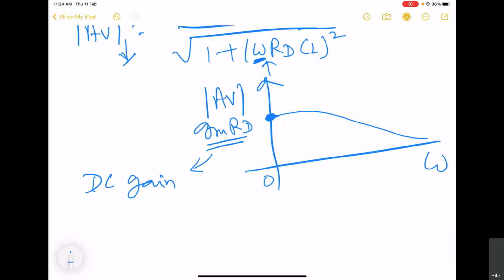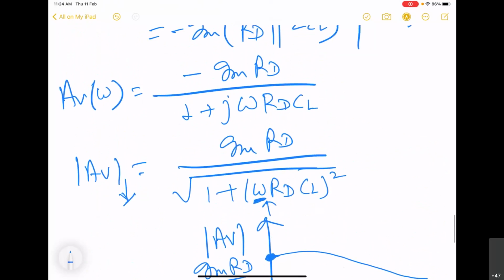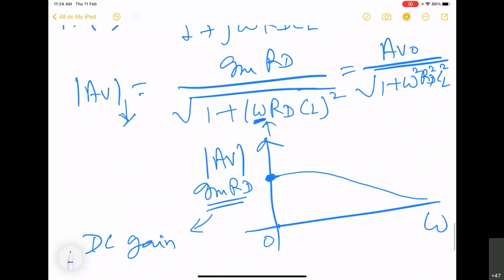We always talk about gain at a certain frequency. It simply says that the frequency is very, very small. That is why this is also sometimes designated as Av0 divided by 1 plus omega square RD square CL square, to convey that Av0 is the gain at omega equal to 0.